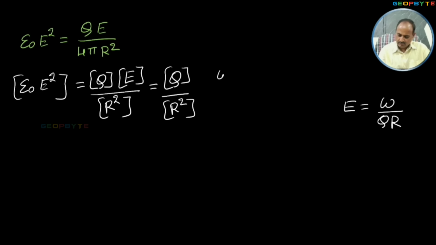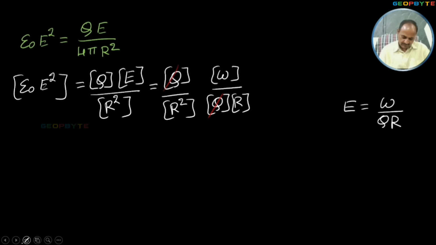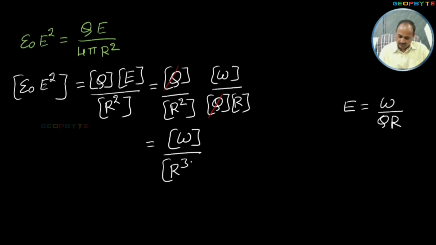E equal to W by Q into R. This Q is cancelling. Finally, its dimensional formula is equal to W dimensional formula dividing by R cube. Here W is the energy.